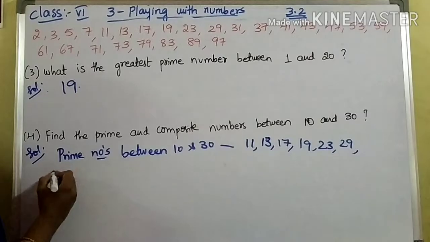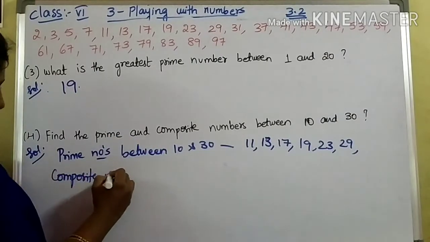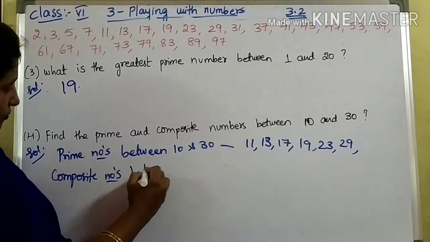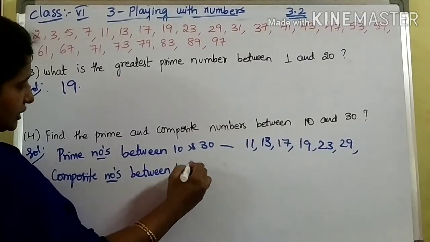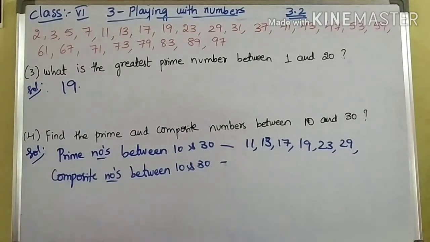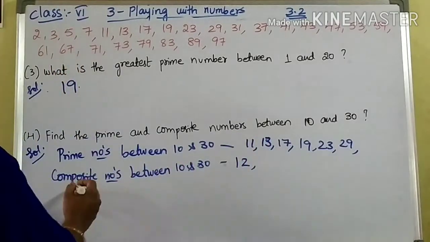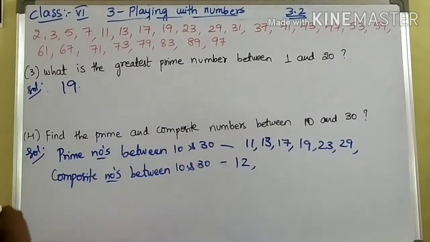Now we have to write composite numbers also. Composite numbers between 10 and 30. 10 you should not write. Between means this number should not be written. So 11 is a prime number. Next, what are composite numbers? The numbers other than prime numbers are called composite numbers.